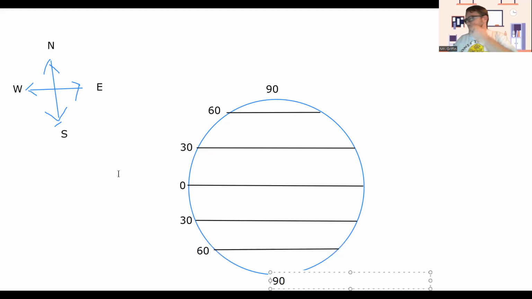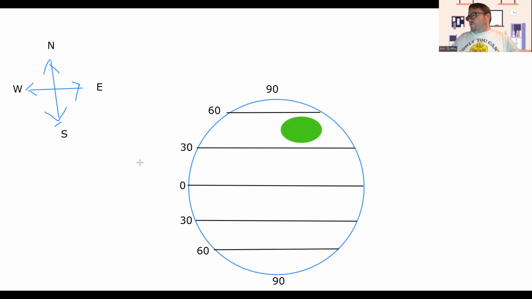You should notice that the northern and southern hemisphere mirror each other. Now I'm going to put a green circle in the northern hemisphere, in between the 30 and 60 degrees. All right, I'm going to put that green circle right there.